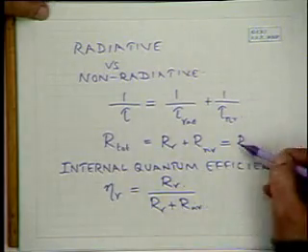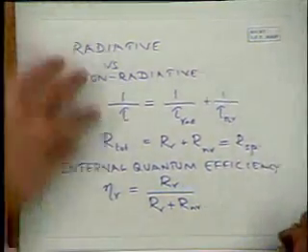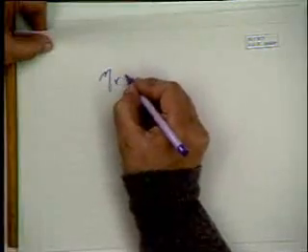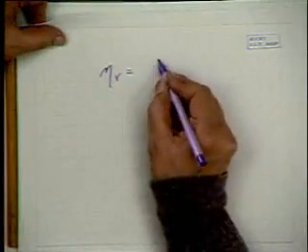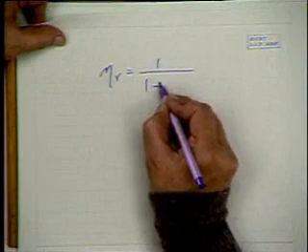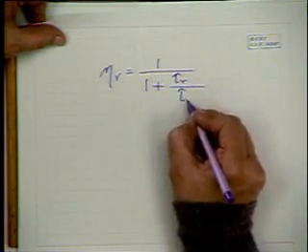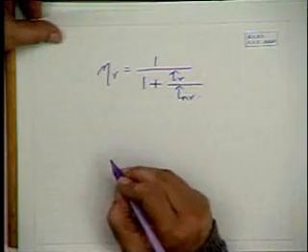Now, using these expressions, one can show that for an exponential decay process, eta R is just 1 over 1 plus tau R over tau NR.